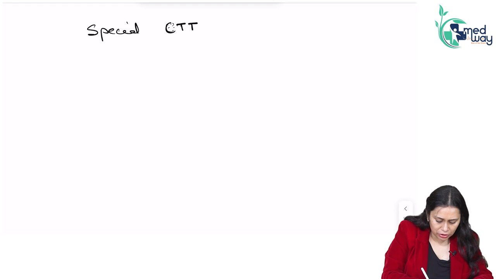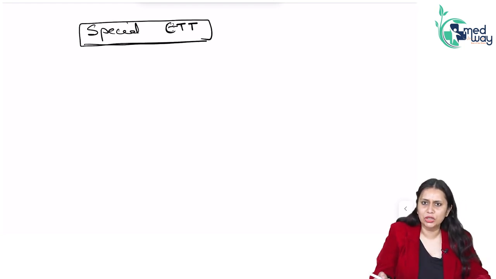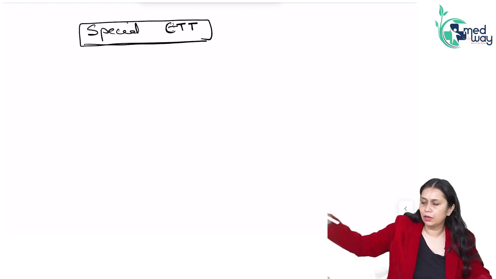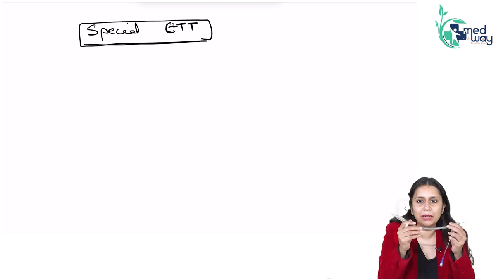Okay. Now let us talk about some special tubes. We'll talk about some special ET tubes used in special circumstances. So the first special tube which I'll talk about is your flexometallic tube. Now this is your flexometallic tube.